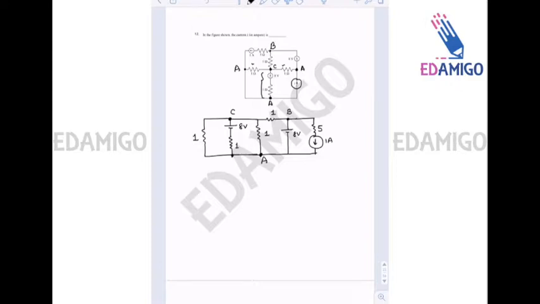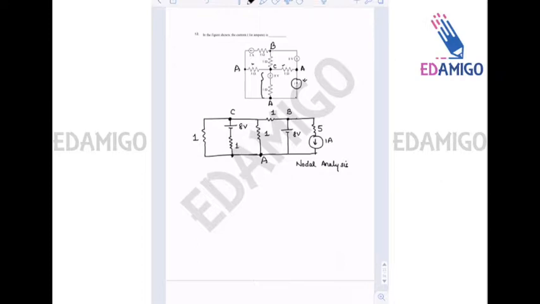So I'm just trying to show you that this node A is the outer node. Now generally we solve such questions using nodal analysis, right? So we have to find this current.